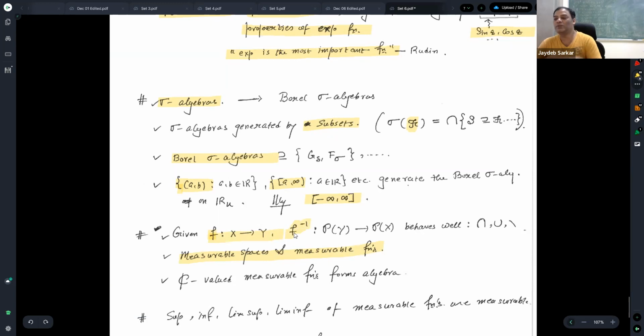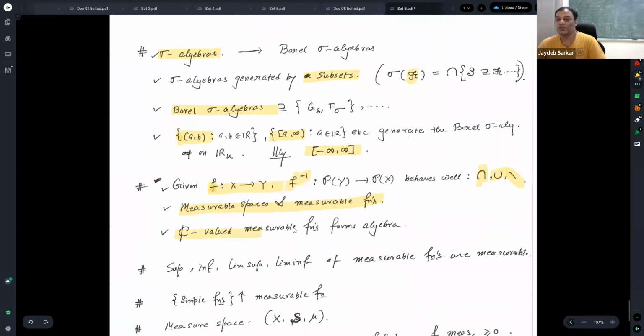And that's where I think measure theory is standing on. f inverse is a map from the power set of Y to the power set of X, and it behaves well in the sense it goes well with intersection, union, and difference, right? And we pointed that out.